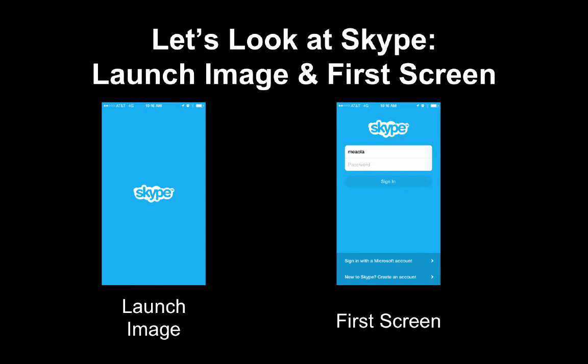Notice that the color of the two screens is identical. The size of the text is identical as well. When you launch the Skype app, the launch screen pops up for a mere one to two seconds, and the text appears to animate upwards. So the text moves upwards, and the login text fields appear, and the buttons on the bottom appear as well.